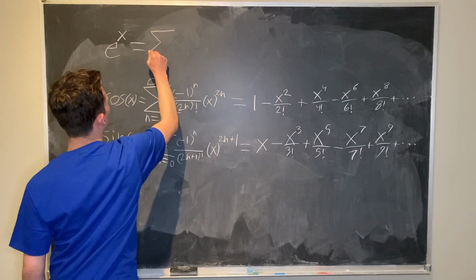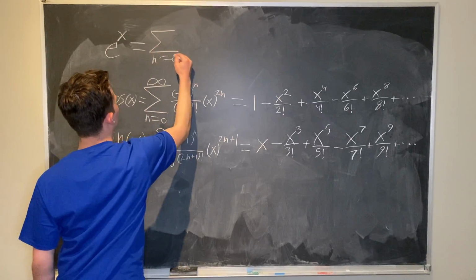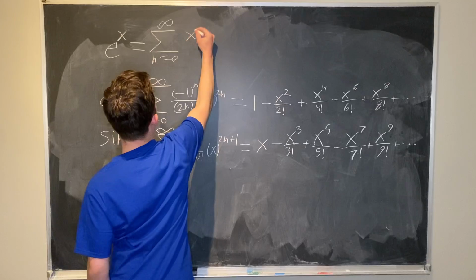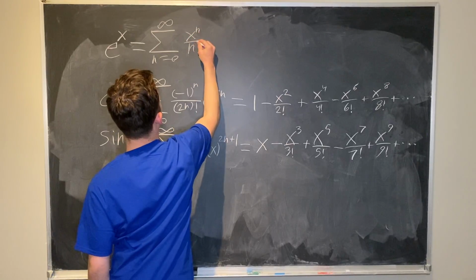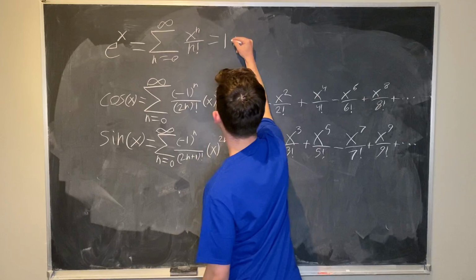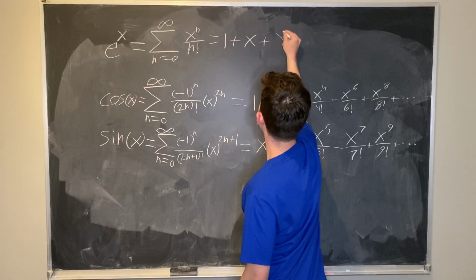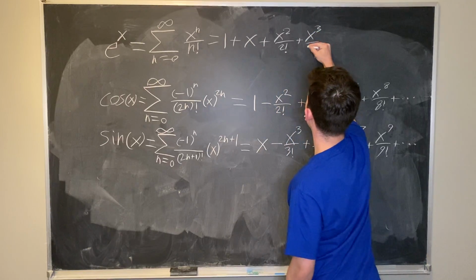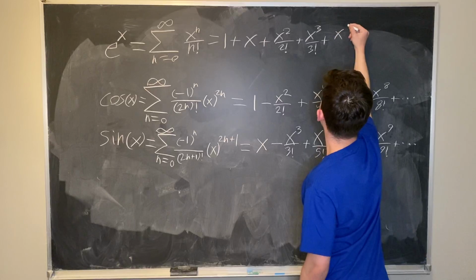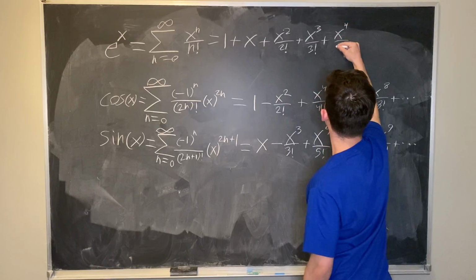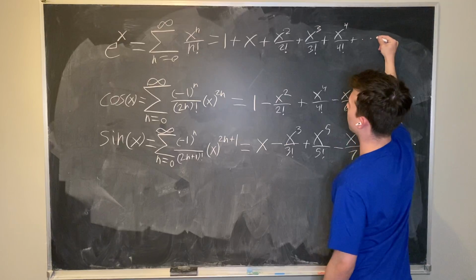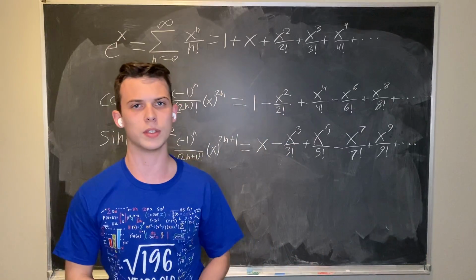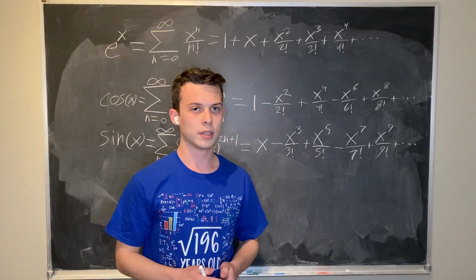This is actually an easy one: the sum of x to the n over n factorial, which is equal to 1 plus x plus x squared over 2 factorial plus x to the 3rd over 3 factorial plus x to the 4th over 4 factorial, and so on. Great. So you might be thinking, okay, great, what does this do to prove the identity?